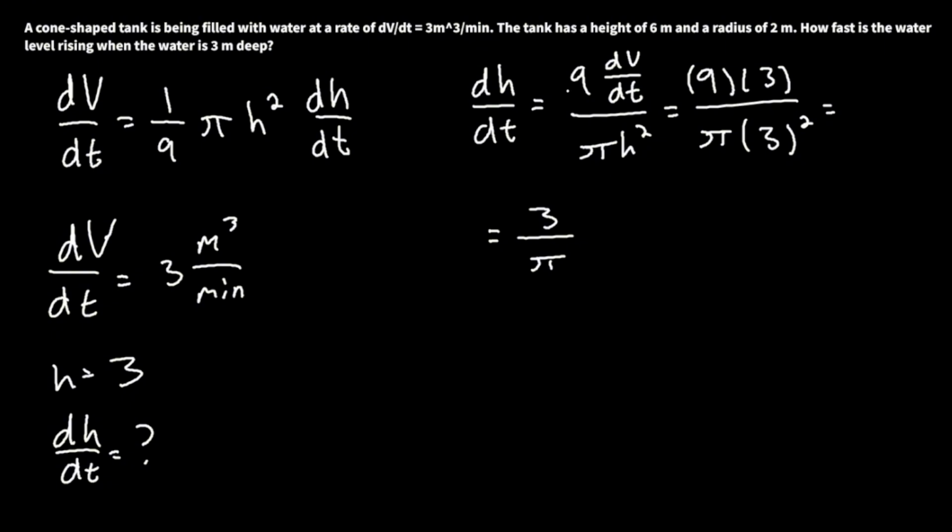And what's the unit for this? Keep in mind, you have to get the unit right. Since we did meters over minutes, the unit for the change in height is meters over minutes. Meters cubed represents volume, but height just represents a one-dimensional length, so we do meters over minutes.